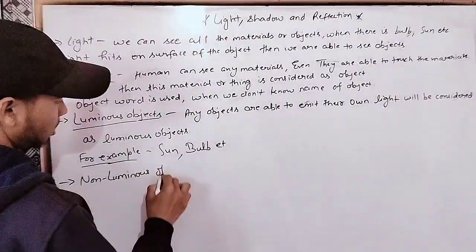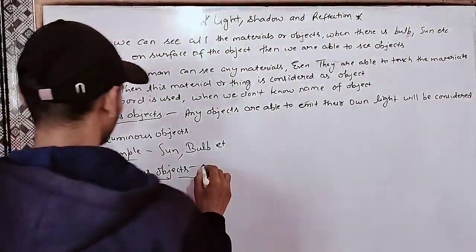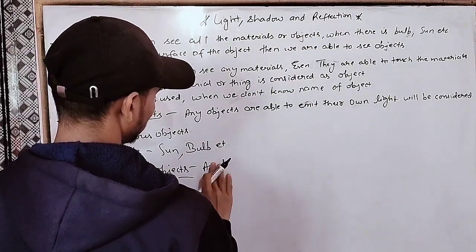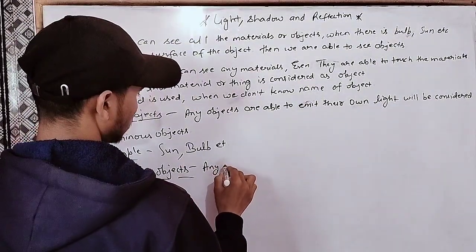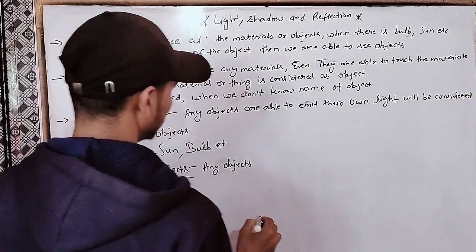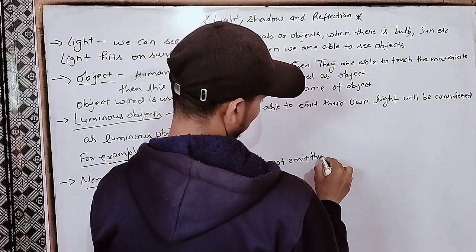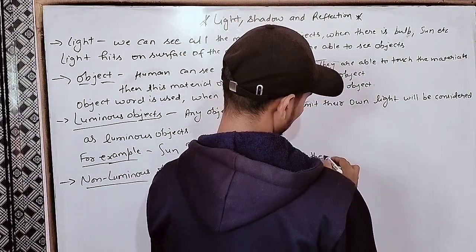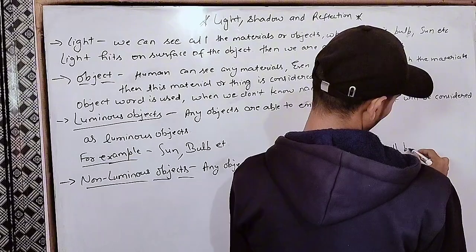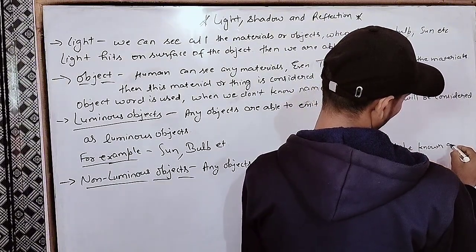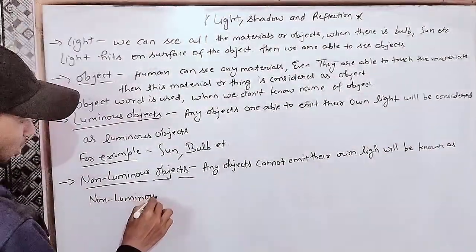Next word is non-luminous objects. Similarly, any objects that cannot emit their own light will be known as non-luminous objects.